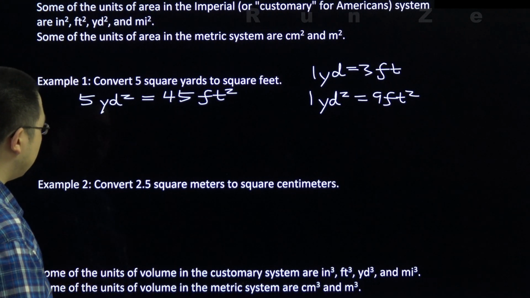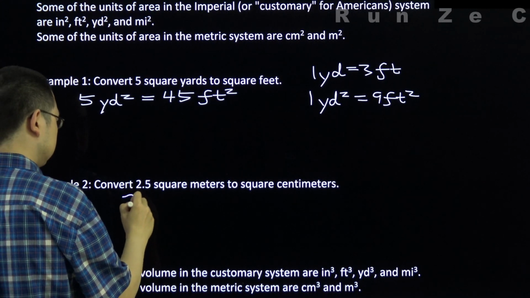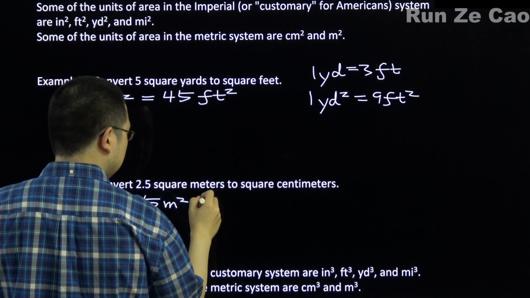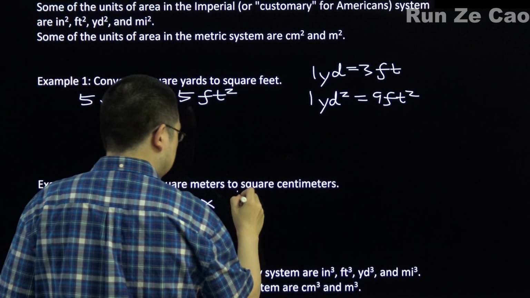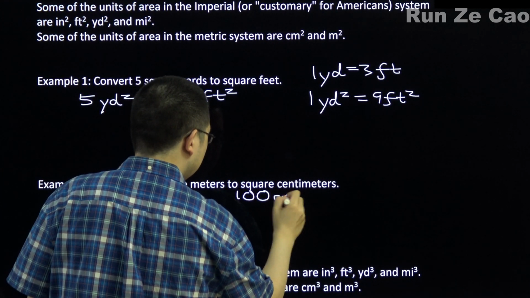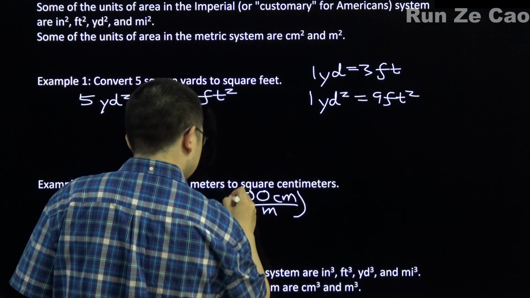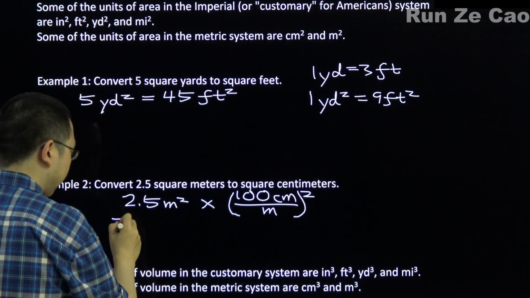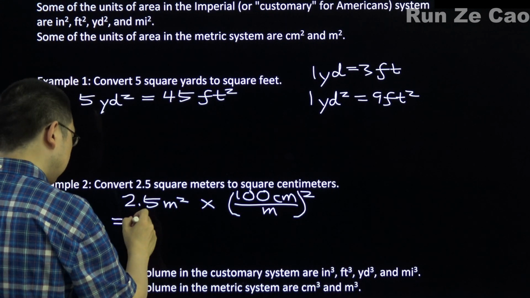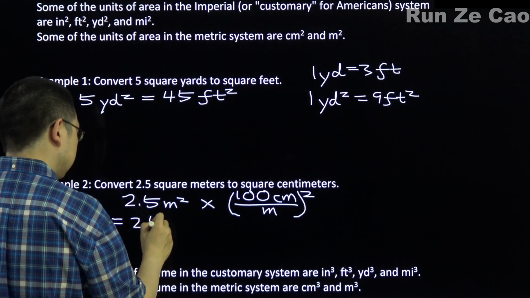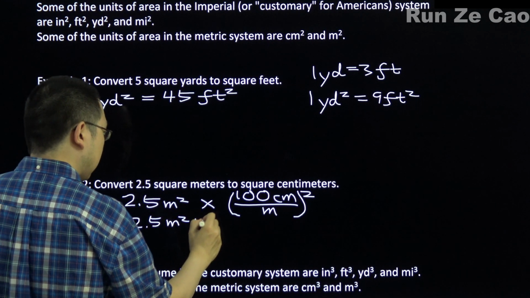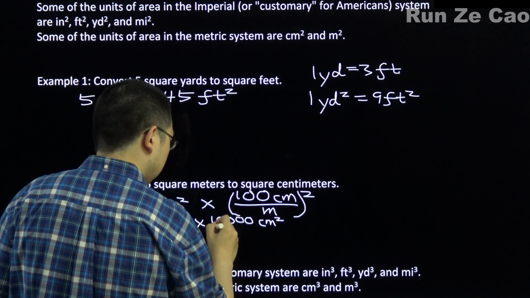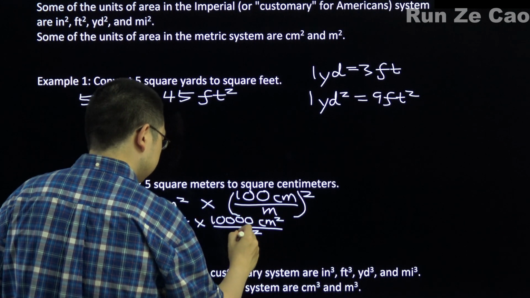Convert 2.5 square meters to square centimeters. Well, 2.5 meters squared. You can think of this as doing this, okay? 100 centimeters per meter, and then you square this so that the units cancel out properly, and that ends up giving you 2.5 meters squared times 10,000 centimeters squared over meters squared.